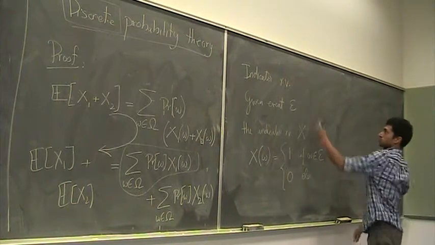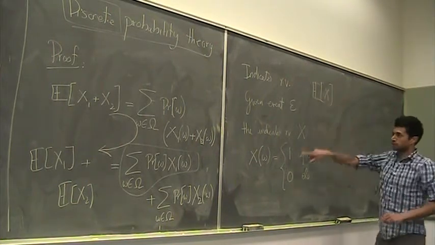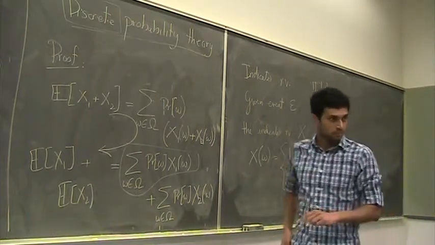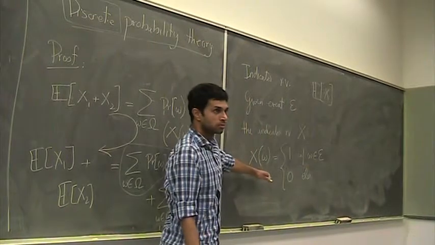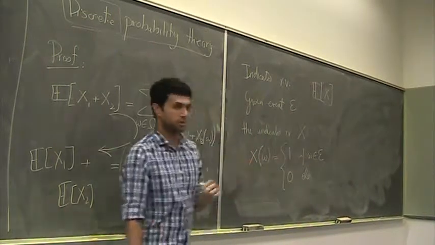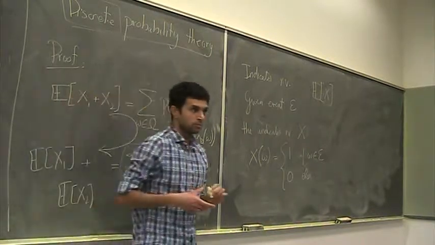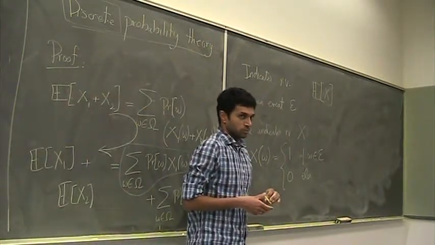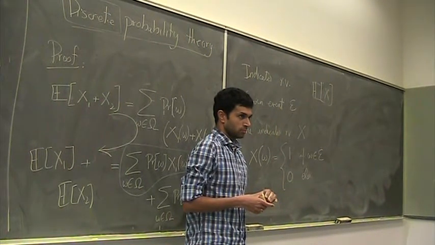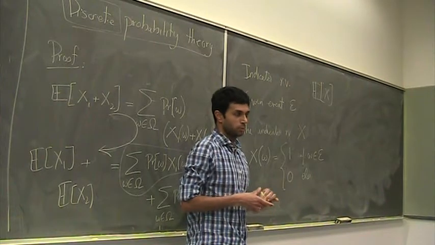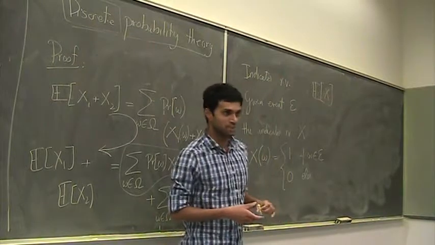So now let's see how well you understand this. What is the expectation of this? What is the expected value of this random variable? You should be writing, not staring at me. Like, write out what the formula is, and you might see it.